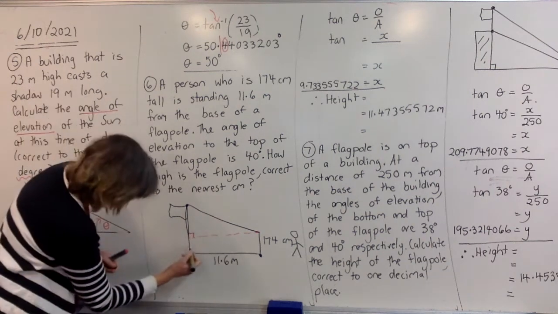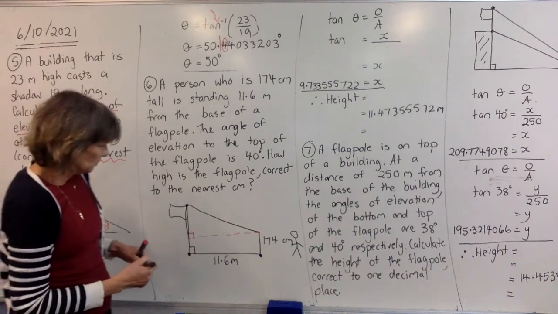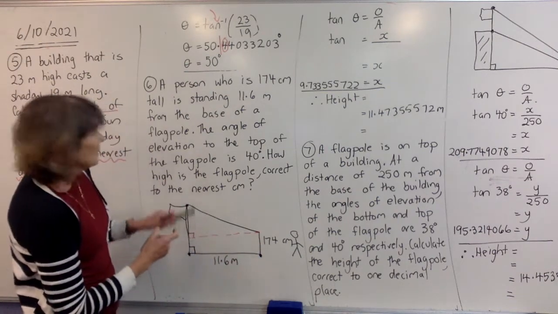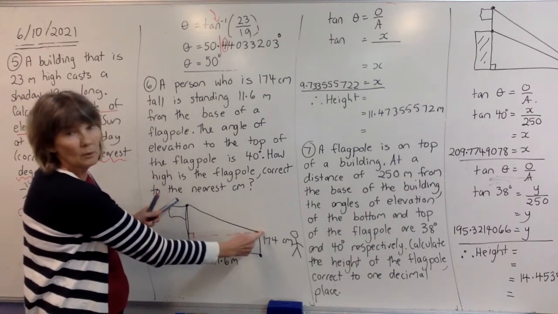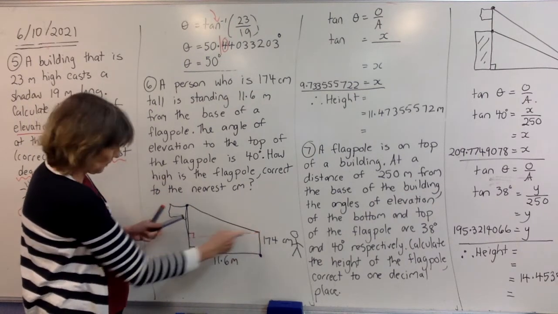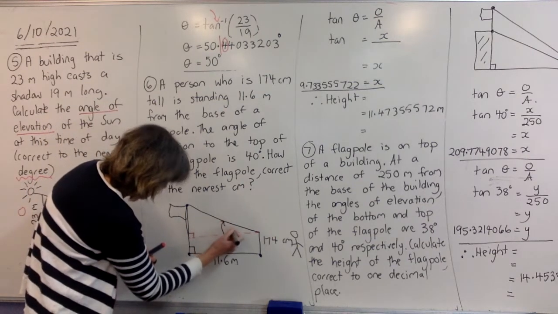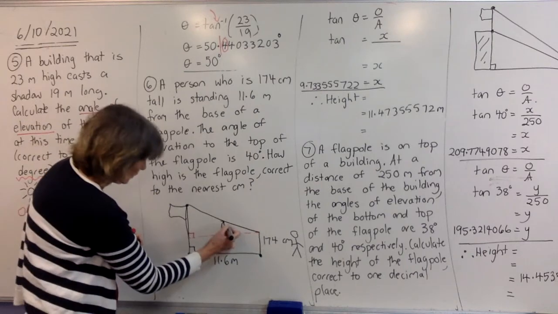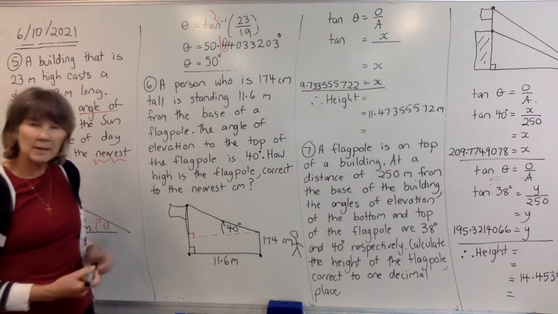We already know that this is a right angle because a flagpole is vertical and the ground is horizontal. All right, now the angle of elevation to the top of the flagpole from the top of where you're standing, that's what we're marking in as theta. Oh, they've told you it's 40 degrees, so we're going to write 40 degrees in there. All right, so that's our diagram.